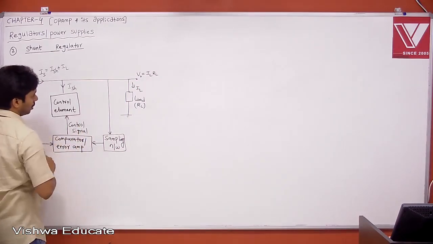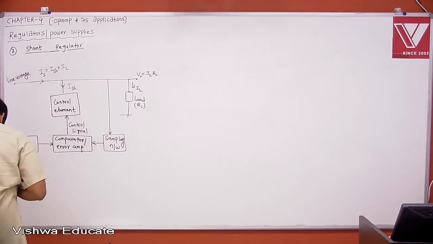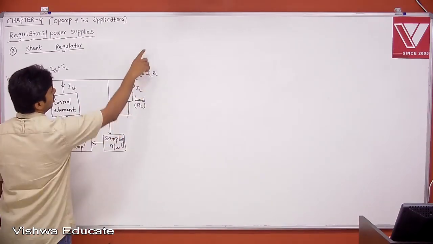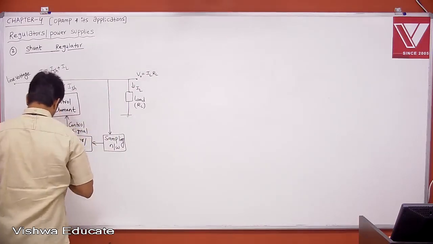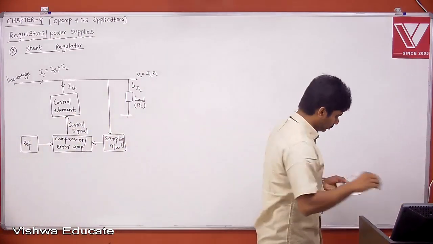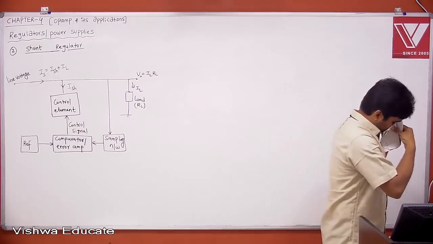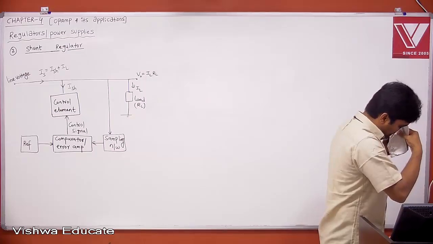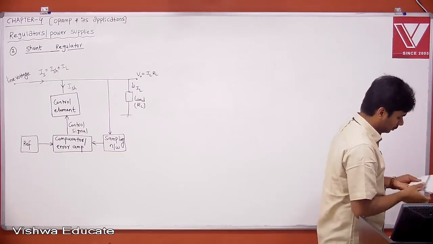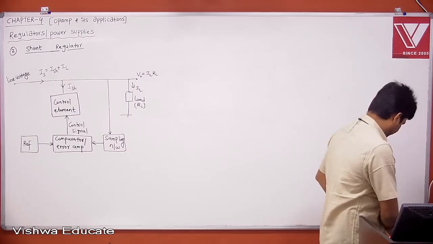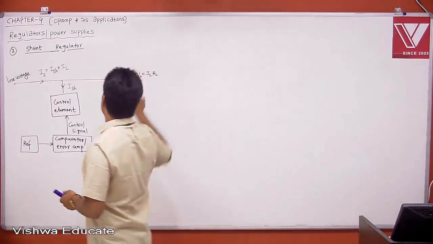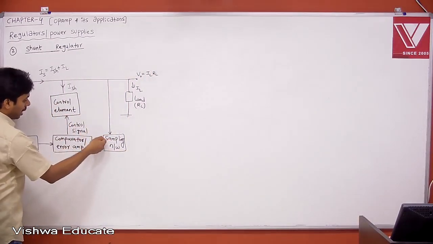Due to any reason, if V0 is changing, then your sampling network will sample the V0 change and give it to comparator.